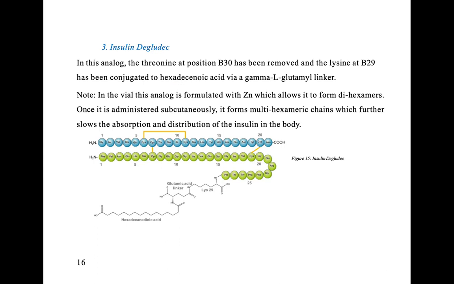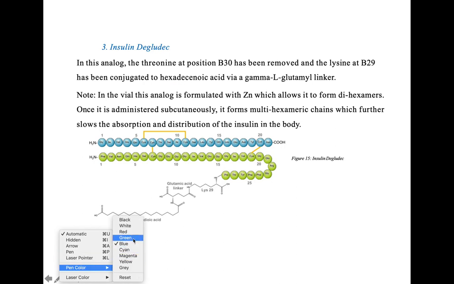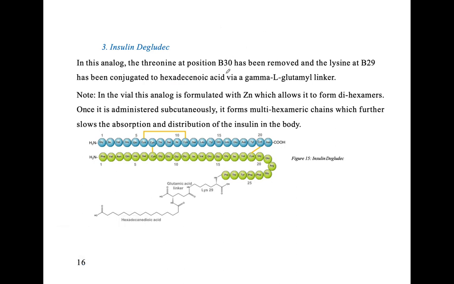Now, insulin degludec. In this particular analog, the threonine at position B30 has been removed, and the lysine at position B29 has been conjugated to hexadecanoic acid via a gamma-L-glutamyl linker.